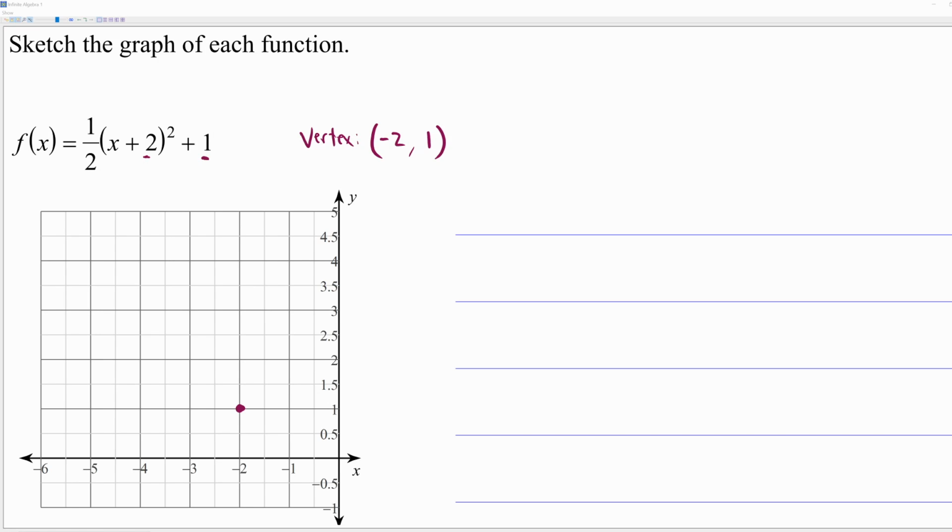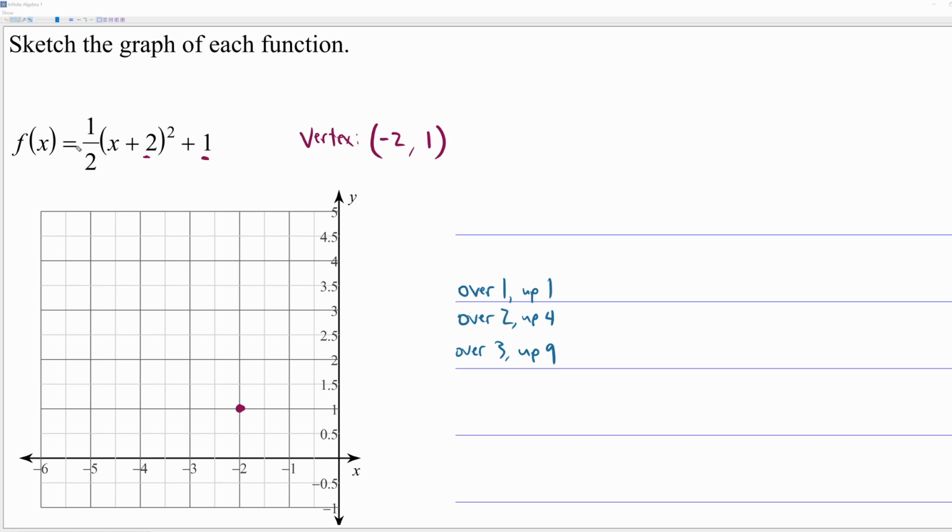Now, I do really like this trick of thinking about movement from the vertex. So once again, excuse the delay, I'm going to write over 1, up 1, over 2, up 4, and then over 3, up 9. That's what that really basic parabola does that we did as the very first example.